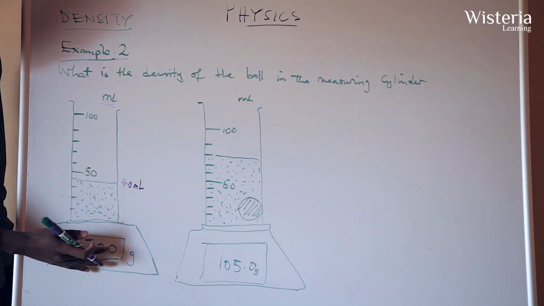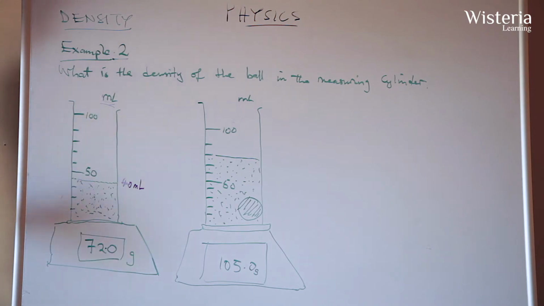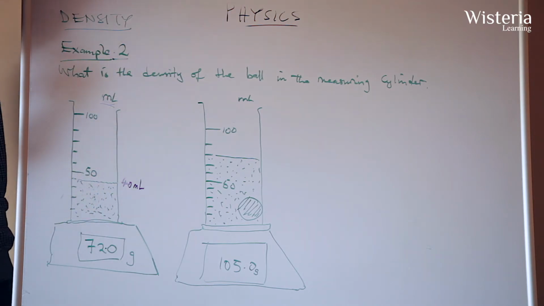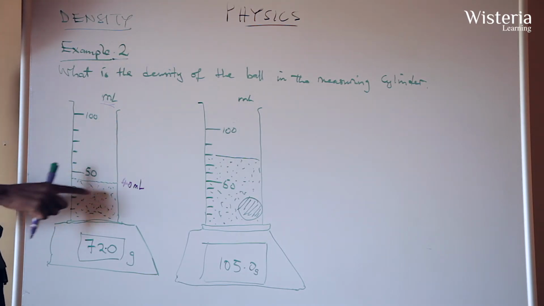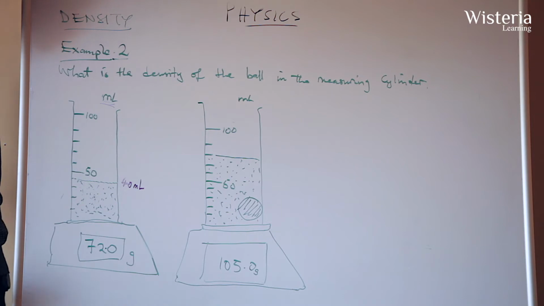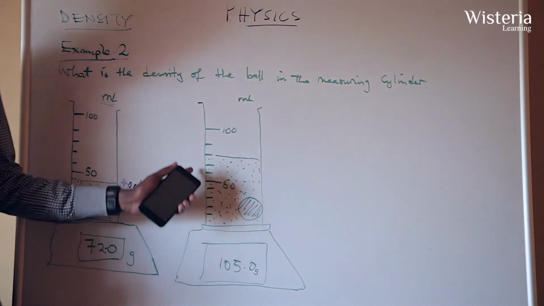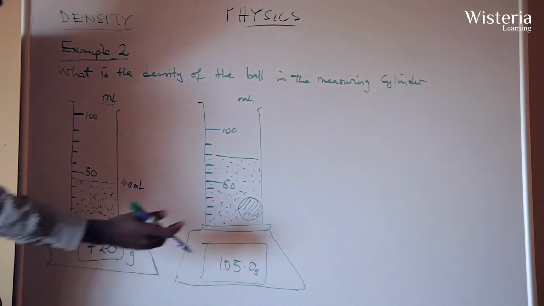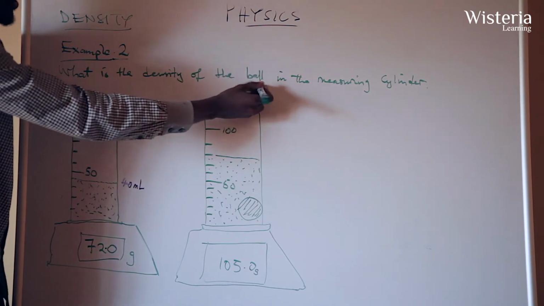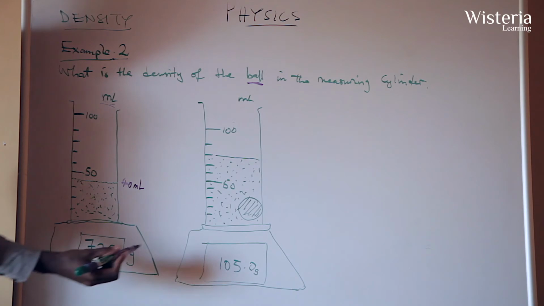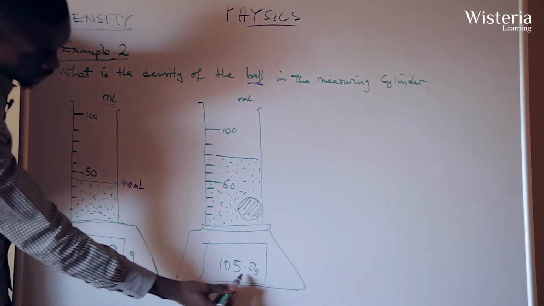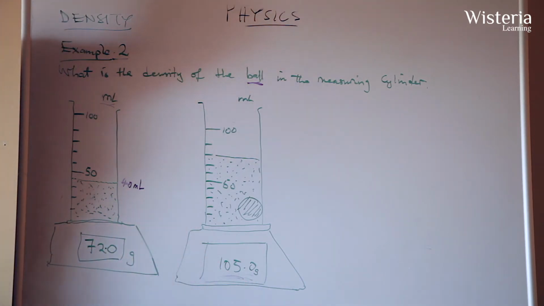The 72.0 grams is the mass of the water and the measuring cylinder itself, and the volume in the measuring cylinder is 40 milliliters. If we go to the next diagram here, we are showing where we place our ball now in this measuring cylinder, and we have a value changing here to 105.0 grams.